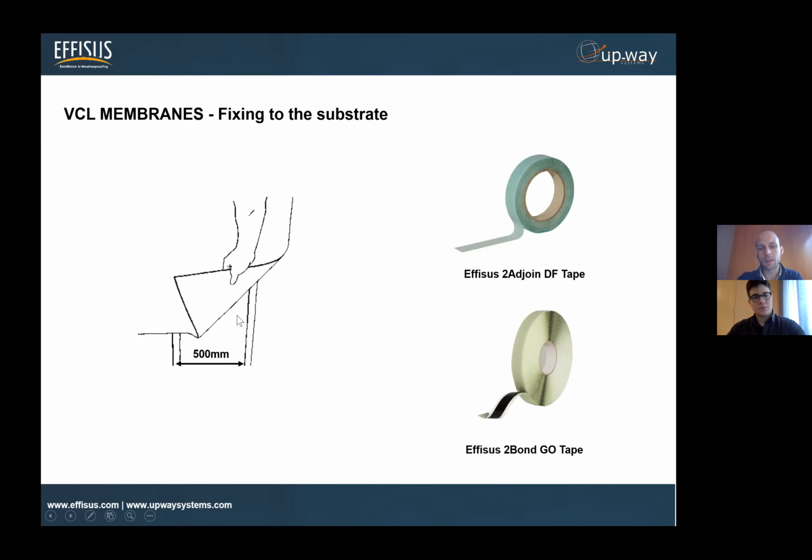In terms of fixing, this is really simple. We normally use lines of self-adhesive tape just on the back of the membrane. We just remove both liners and you're able to attach the membrane to those tapes. This is normally very easy to do on an SFS system, as you have the metal studs available to apply the tape directly.